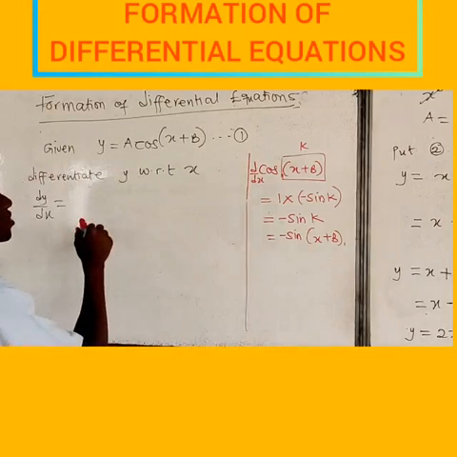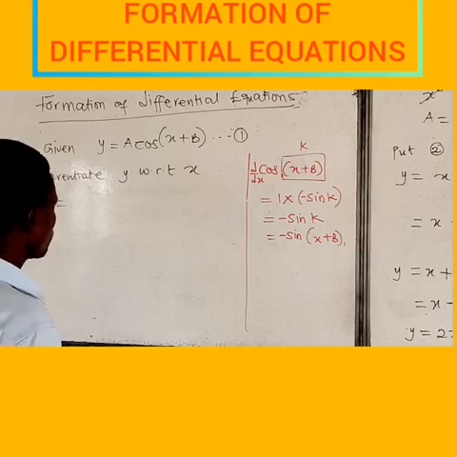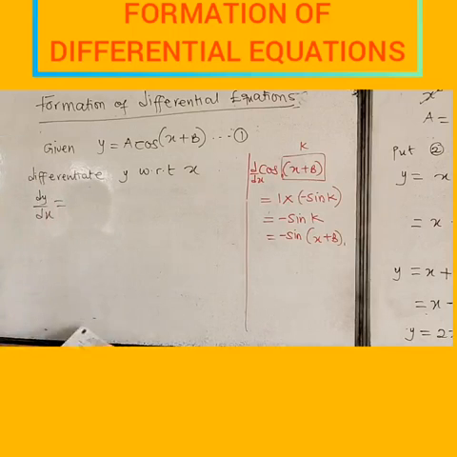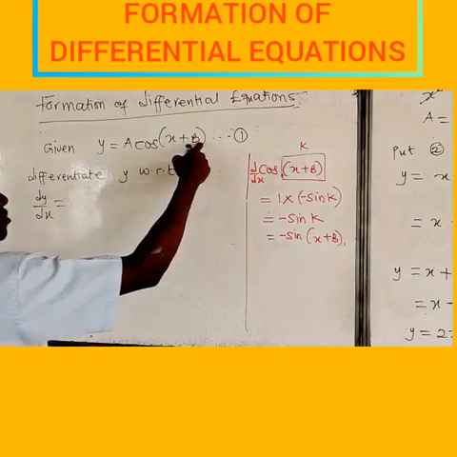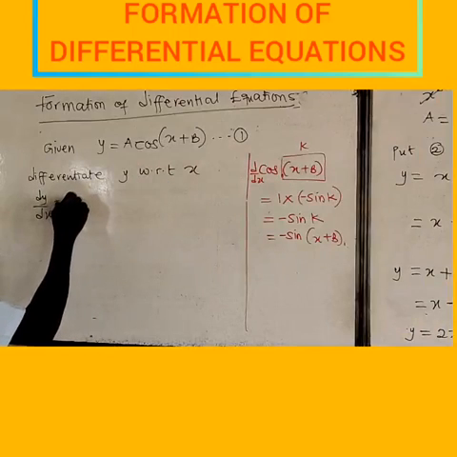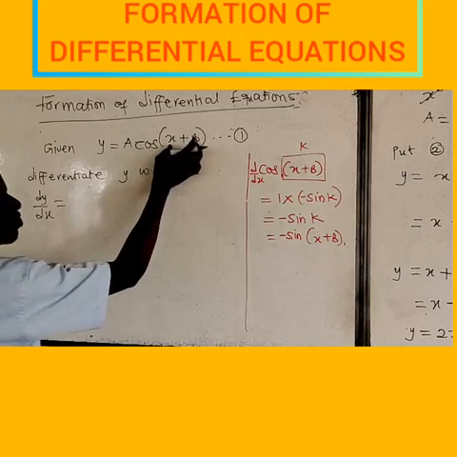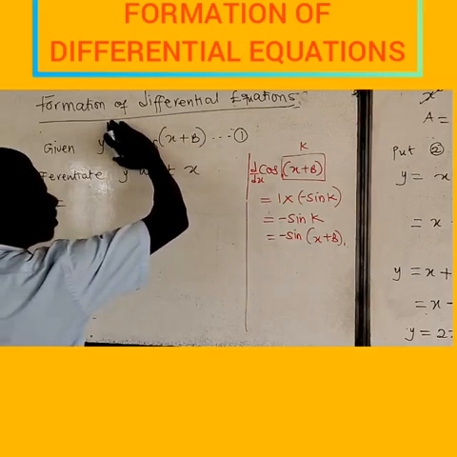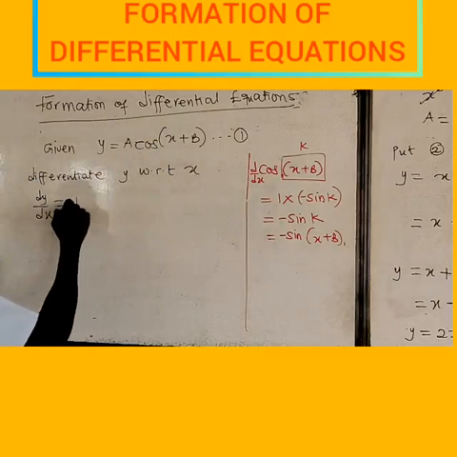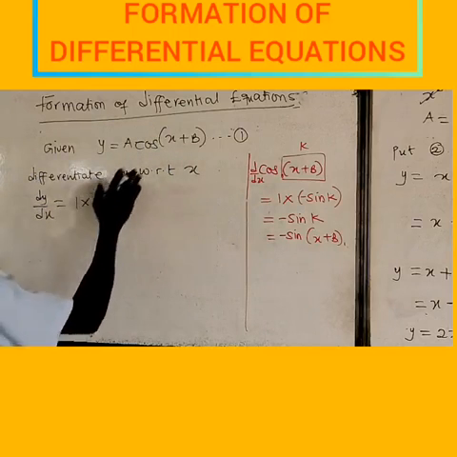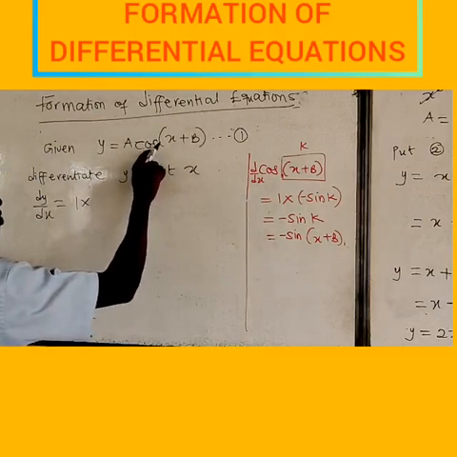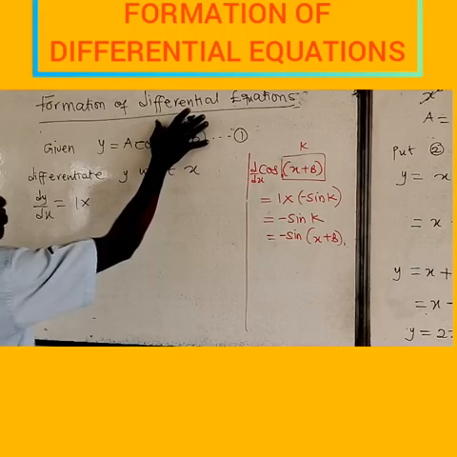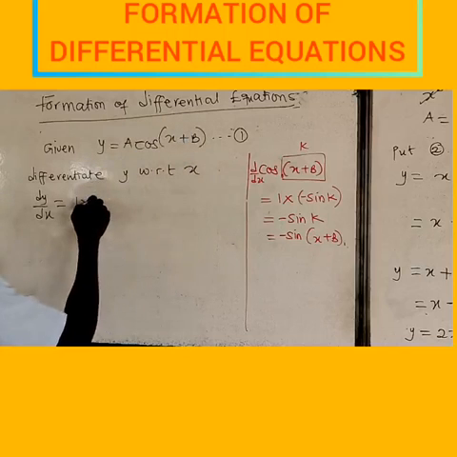So if we differentiate a cos(x + b), we cover the mother and differentiate the baby. If you differentiate the baby, you will get 1. Multiply by, then if you differentiate the mother, cos, you get negative sine.